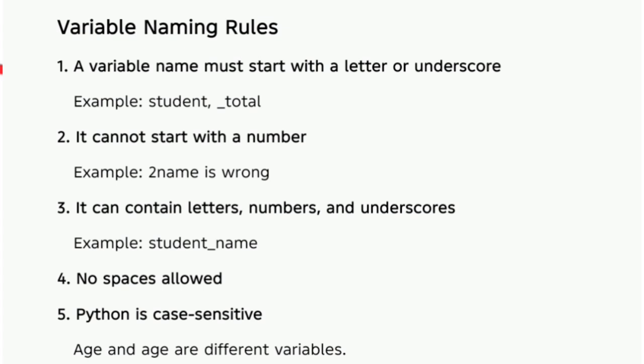For example, we have two variables, variable Age starting with a capital letter A, and another variable age starting with a small letter a. So these two variables are very different, which means that Python is case sensitive, meaning similar variables are treated differently if one of the two has a capital letter, whereas the other one doesn't have it.